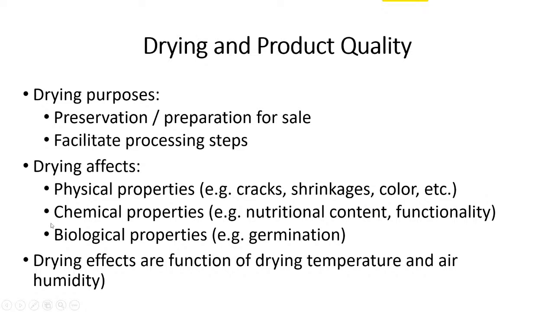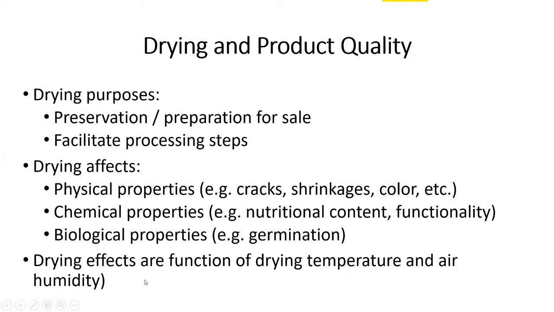The second is chemical properties: nutritional degradation during processing, and also a decrease in the functionality of the chemicals inside the product. The third is biological properties. For example, drying will affect germination rate. So depending on the products that we dry, there are several options on how we optimize the drying conditions for each of the products that we handle.